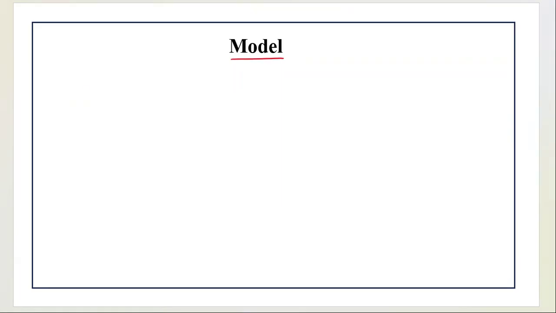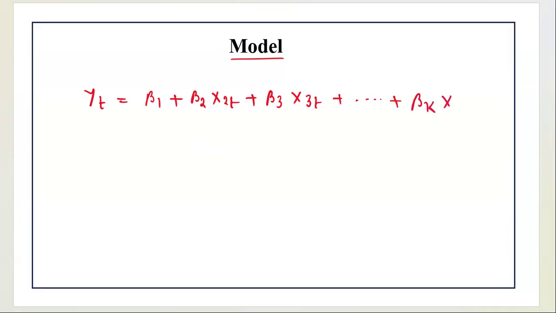So the model we will use looks something like this. Yt equals beta 1 plus beta 2 x 2t plus beta 3 x 3t plus up to beta k x kt plus some ut, plus some error term, right?